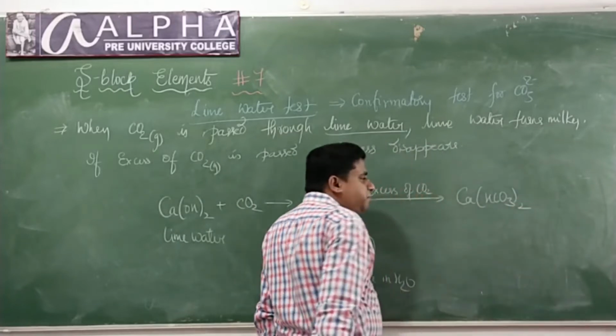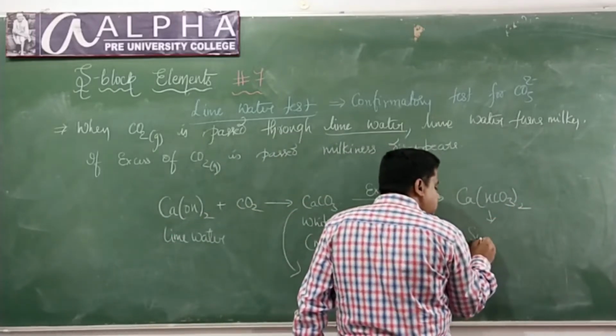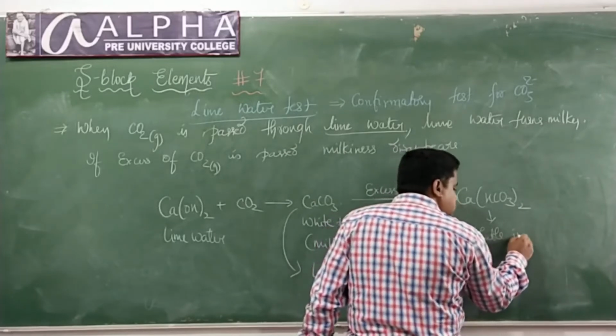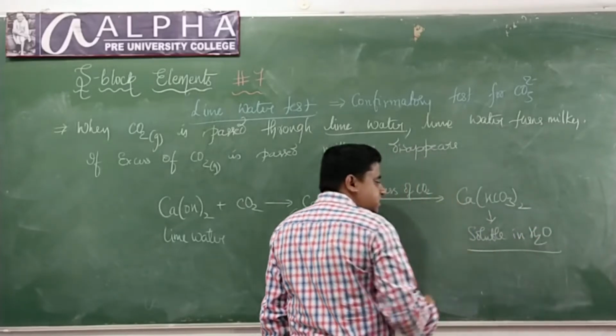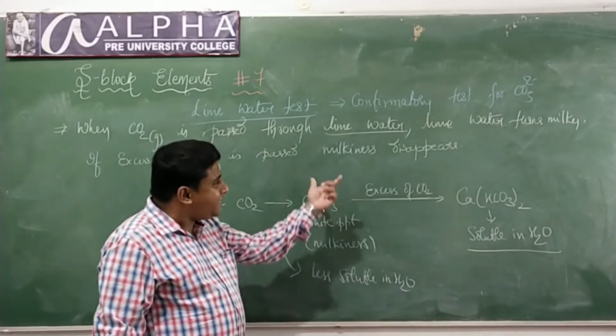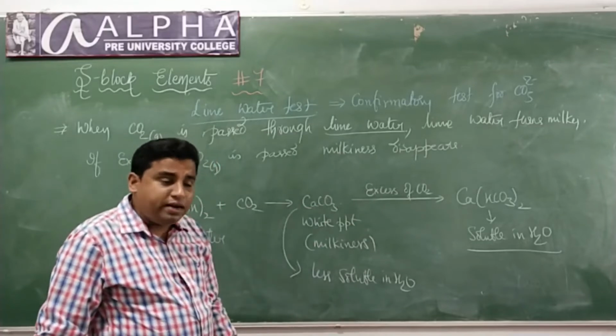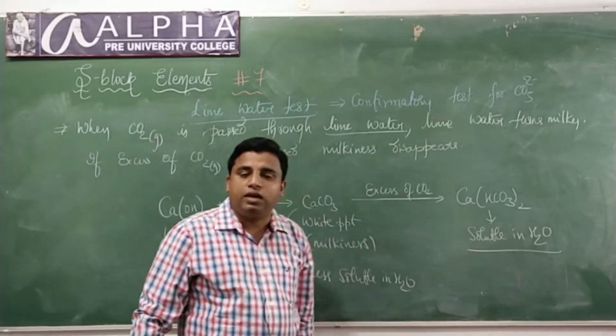We know bicarbonates are soluble in water. Calcium bicarbonate is soluble in water. That is why the milkiness disappears. Calcium bicarbonate is soluble in water, that is why the milkiness will disappear.